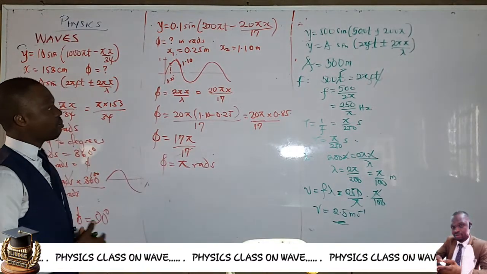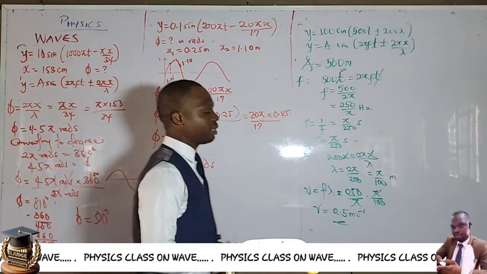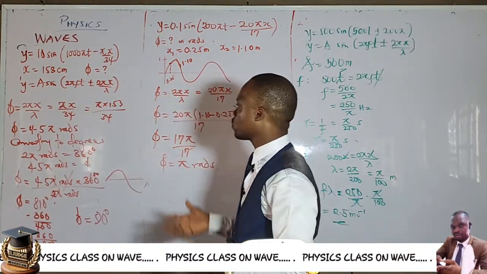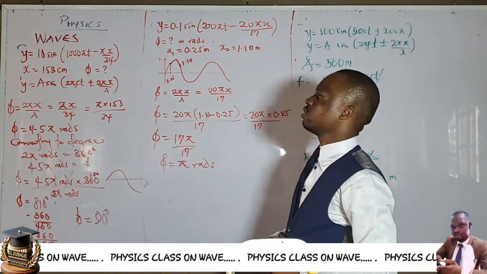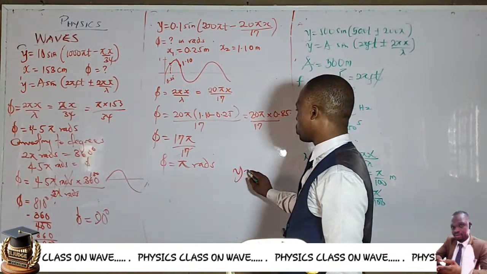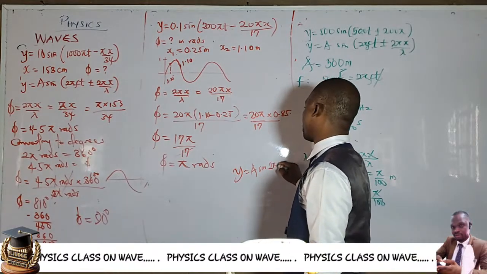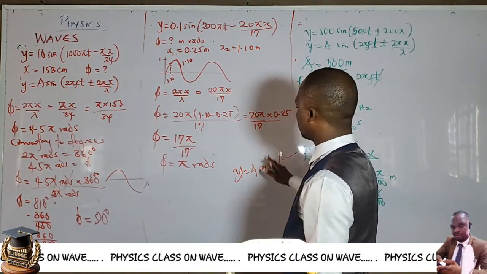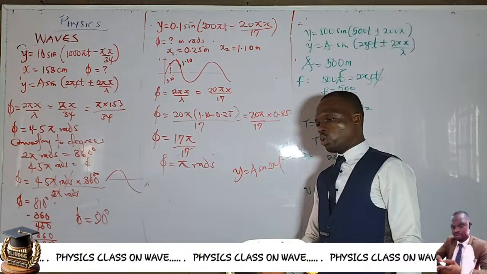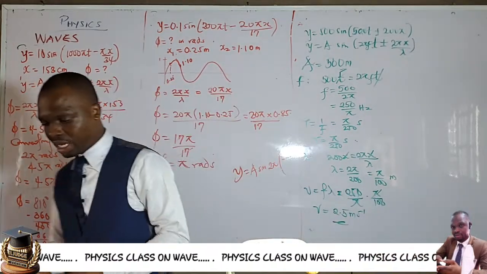So this is how we make use of the equation of wave motion to solve different questions. Sometimes you see the 2 pi. Note, you can see a question like this: a sine 2 pi, then the numbers will be here. That means you have to compare this equation with the one that looks so much like it.